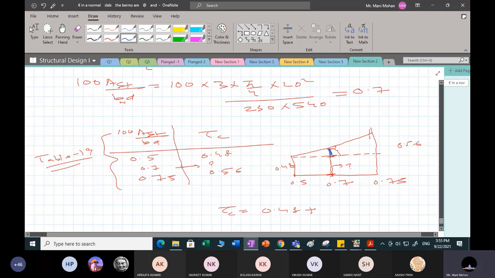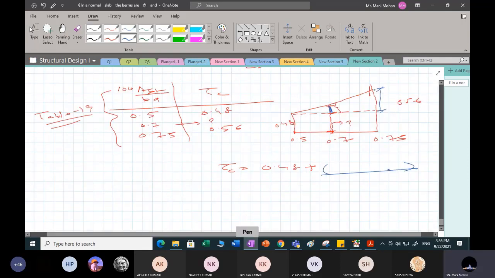So what will this quantity be? From similar triangles I can get it. This distance is 0.56 minus 0.48, and from here till here it is 0.75 minus 0.5.